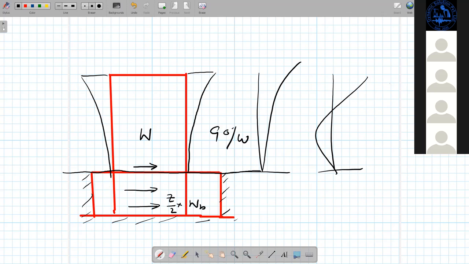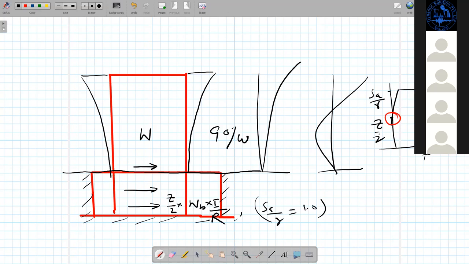This is our response spectrum, and this rigid portion has its period here. This is Z by 2. So we multiply that by this value of spectral acceleration: Z by 2 into weight of the basement into I, the importance factor, divided by R. So Sa by g will be taken equal to unity in this case.